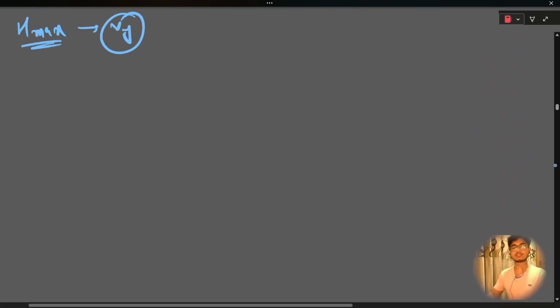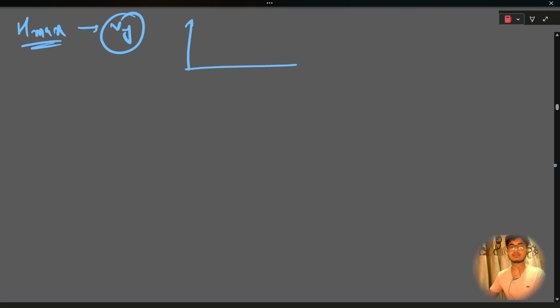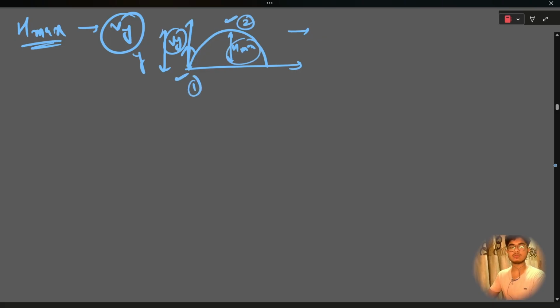This is also a function of the vertical, because here h max, first of all, is in the y-axis, so only the vertical component will be considered. This is the basic thing. You can understand this by, suppose this is the displacement, that is h max, from this point to this point, 1 to 2.